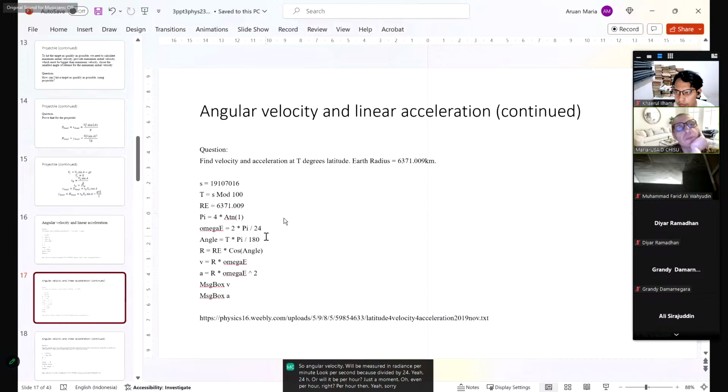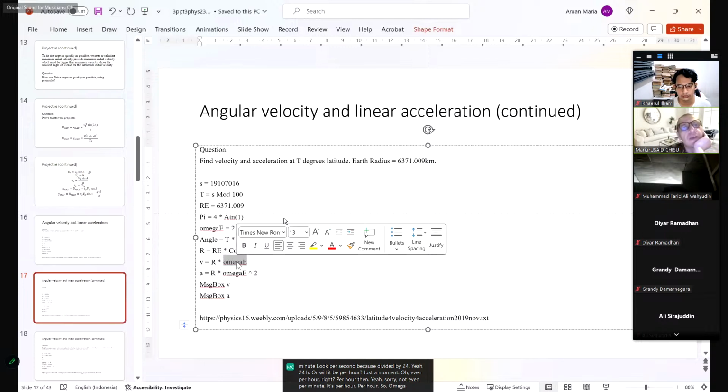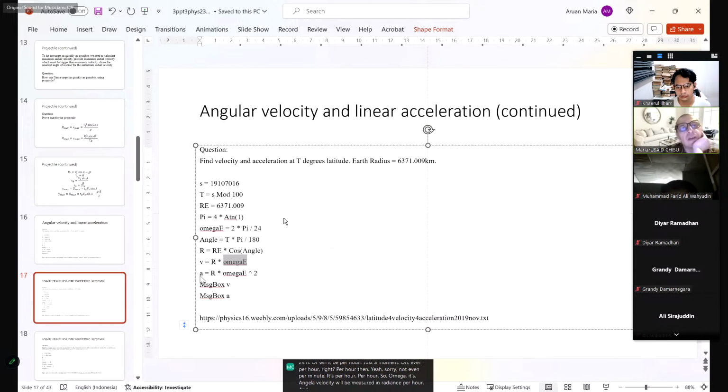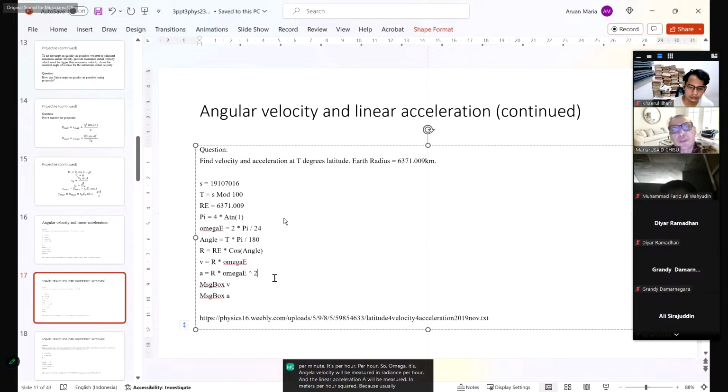Sorry, not per minute, it's per hour. So omega, its angular velocity, will be measured in radians per hour, and linear acceleration A will be measured in meters per hour squared, because usually we use meters per second squared, but this time meters per hour squared. Okay, so please make sure you use correct units.